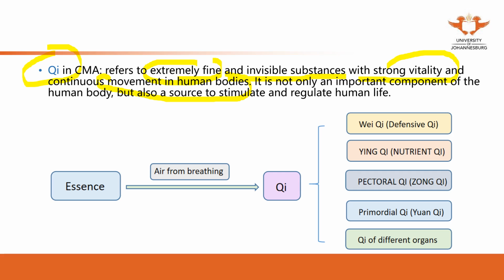Extremely fine, invisible, strong vitality. We emphasize the vitality, constantly moving. The important components of the human body. So this is different from the philosophy field. It's also a source of human life. So that's the definition of essence and qi in Chinese medicine.